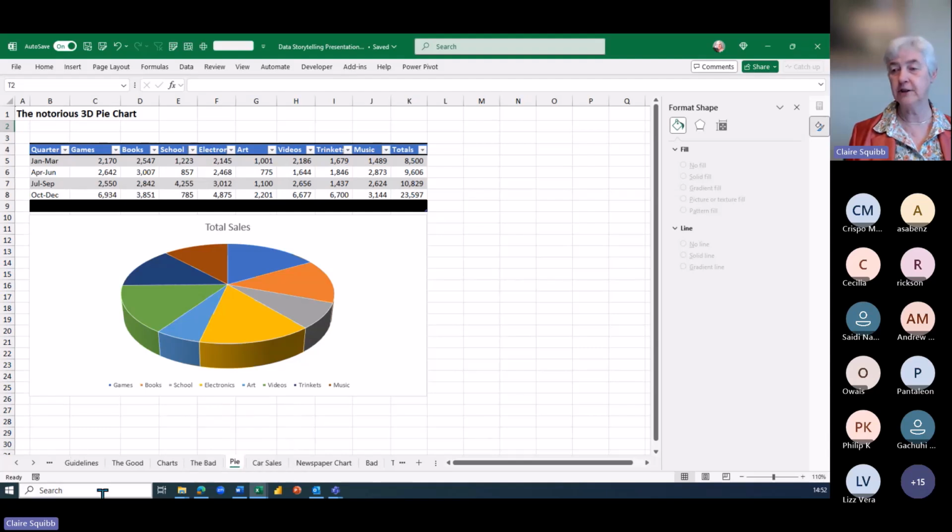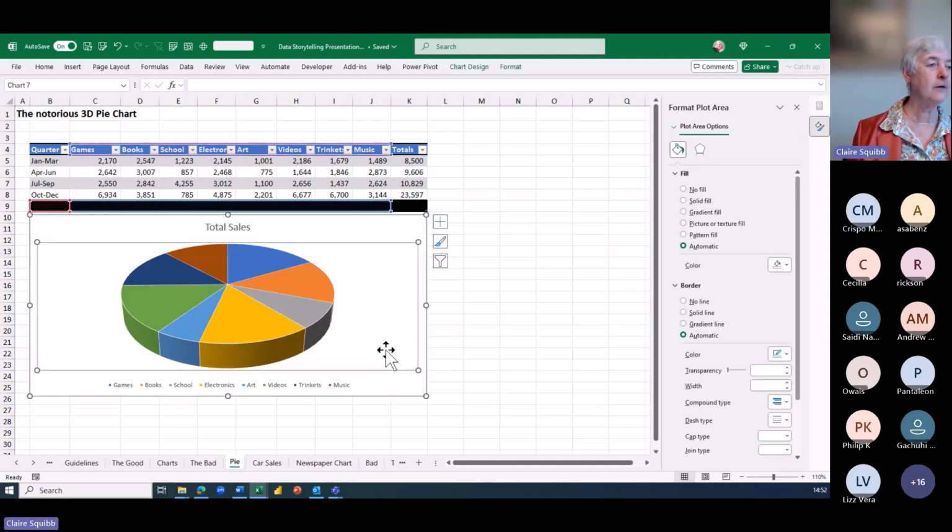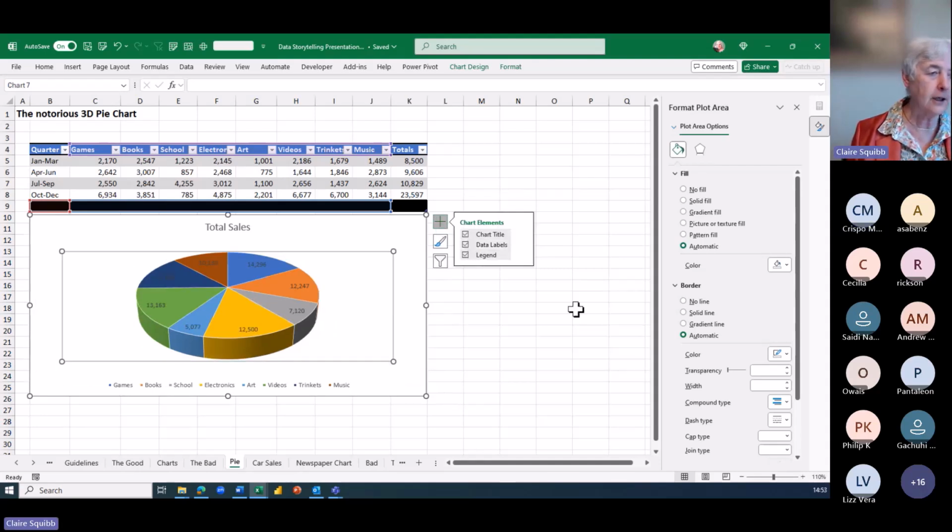If I say to you, which is the biggest slice, anybody want to suggest? So which is our biggest category? Yellow. Green. Yellow one, yeah. The yellow one is the biggest category. So if I go on here and add some data labels, actually I'll make them into call-outs so that we can read them.